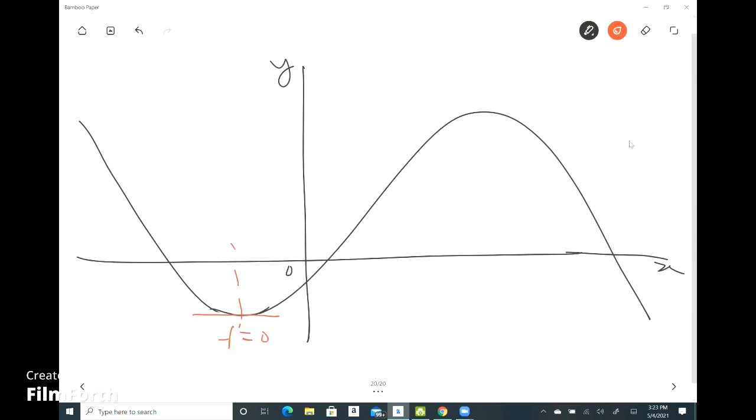Suppose that will be equal to x0. And here you got the critical point, f prime equal to 0, or y prime, that is at x1.